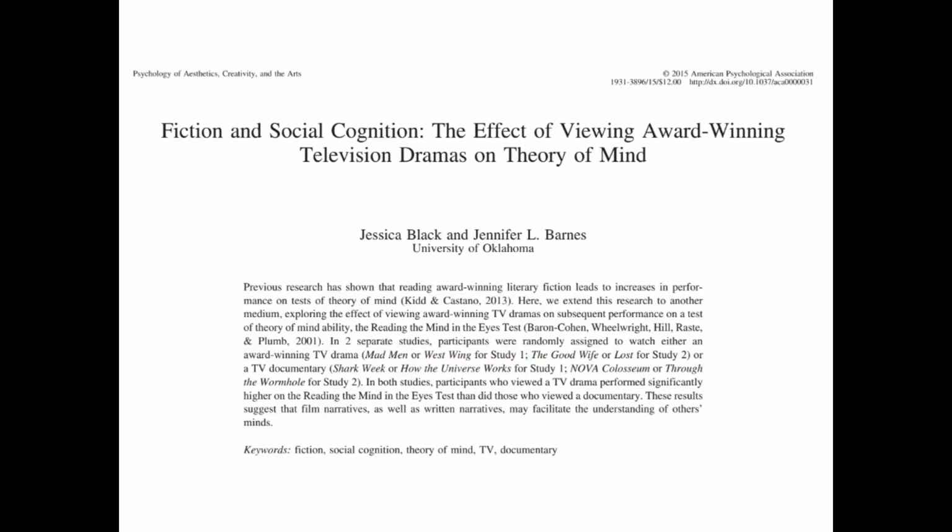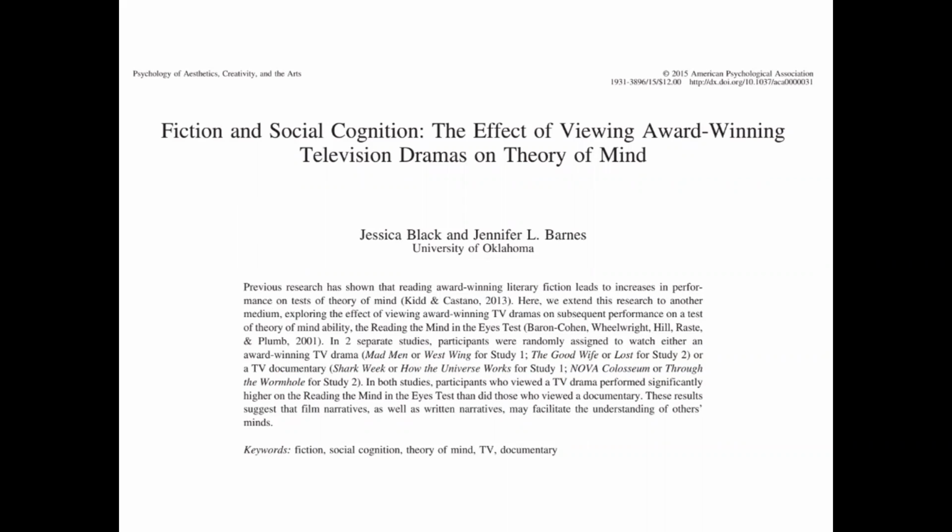This was the actual article that resulted from that research, published in Psychology of Aesthetics, Creativity, and the Arts. You can see previous research has shown that award-winning literary fiction leads to increases in performance on tests of theory of mind. So that's another way to talk about social cognition.